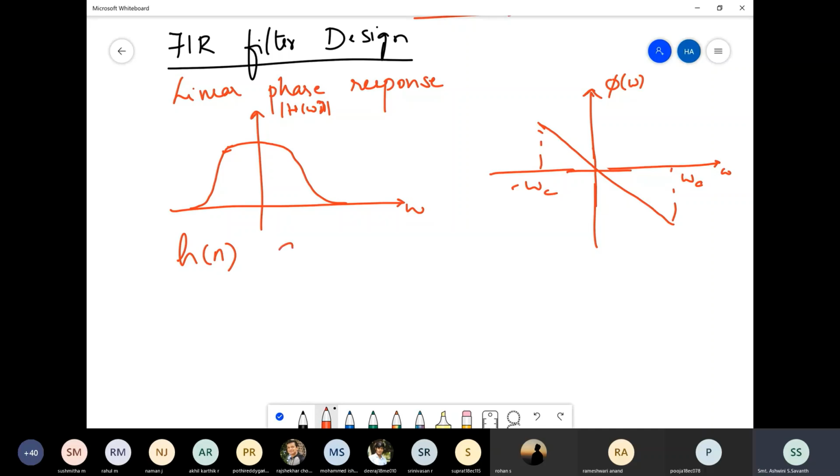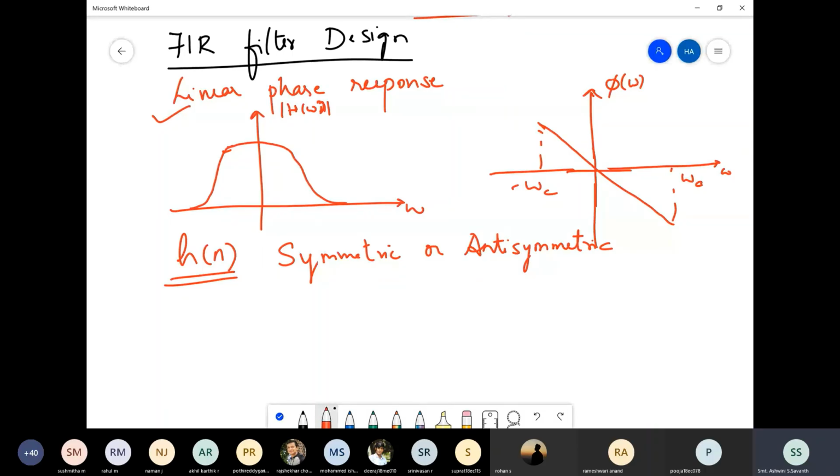The impulse response of the system will be symmetric or anti-symmetric. What are we talking about here? We're talking about the impulse response of this system. If the values of the impulse response are symmetric or anti-symmetric in nature, then this linear phase response property is possible.